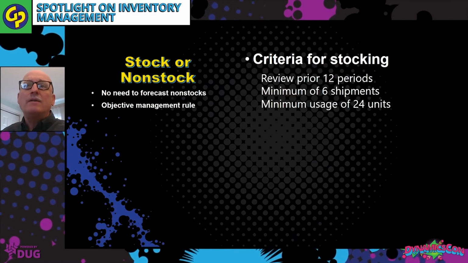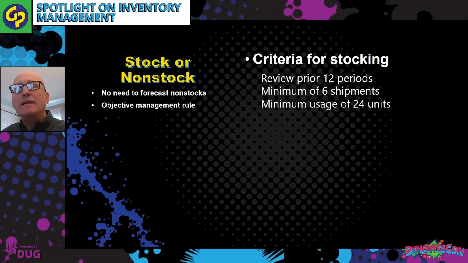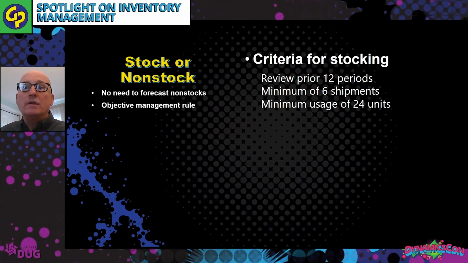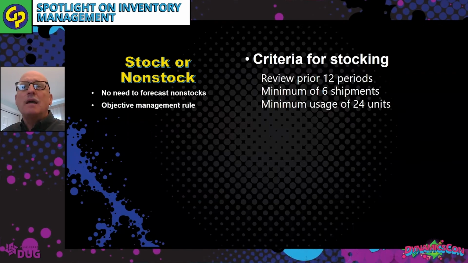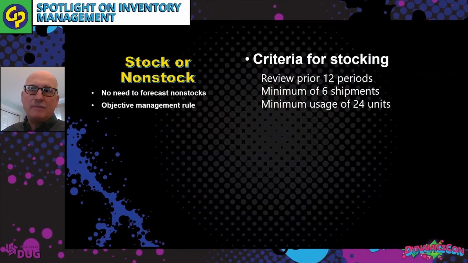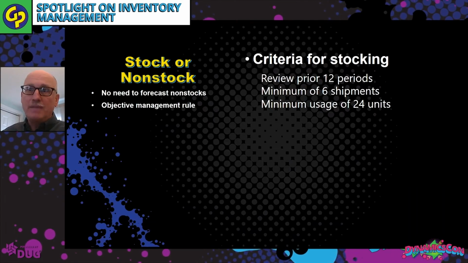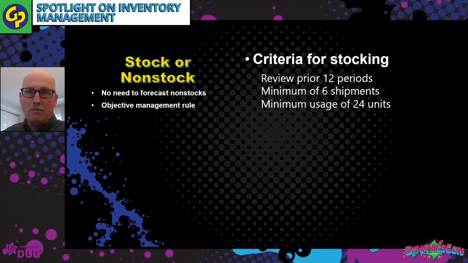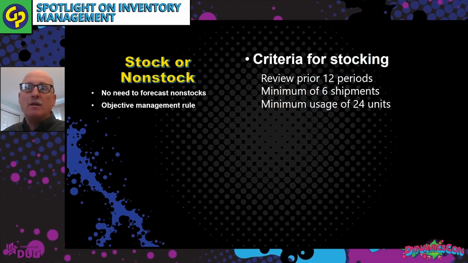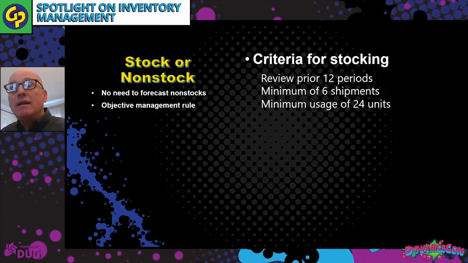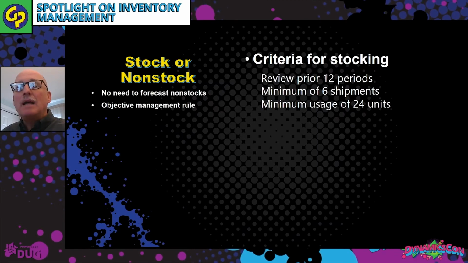So what we found is setting up a rule something like this is very, very helpful. Let's review the last 12 periods, and let's see if we've shipped 6 times. And if we've shipped at least 24 units, then we should call this item a stock item. That's one set of rules that you might use to define something that's stock or non-stock. Now, what you define as stock today may not be stock in 6 months.